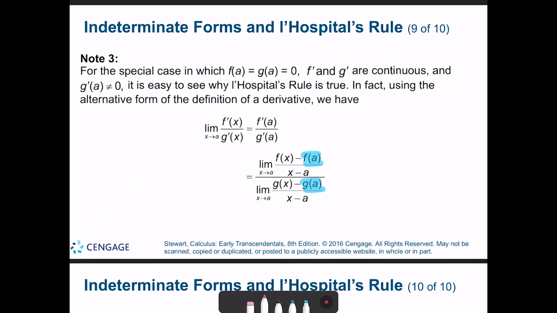That's the special case that we're operating in here. And f prime and g prime are continuous, and the derivative of the denominator evaluated at a does not equal 0, because that wouldn't be good.